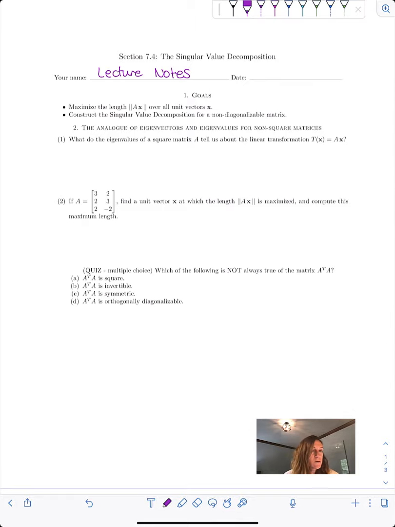First of all, we want to know what the eigenvalues of a square matrix tell us about the linear transformation. These values tell us by what amount our matrix A stretches or shrinks our eigenvectors.